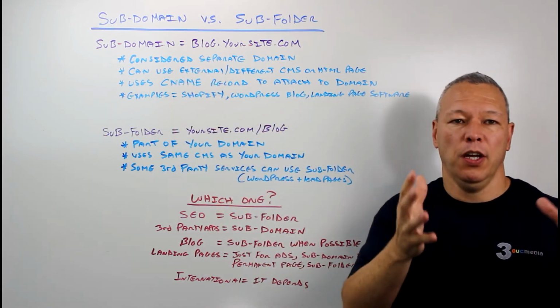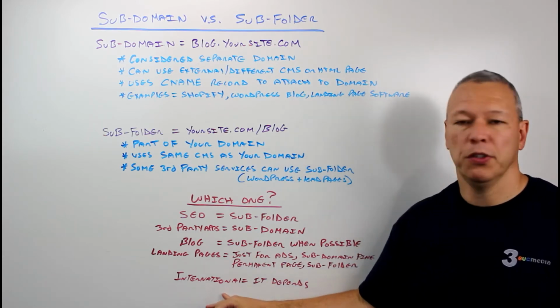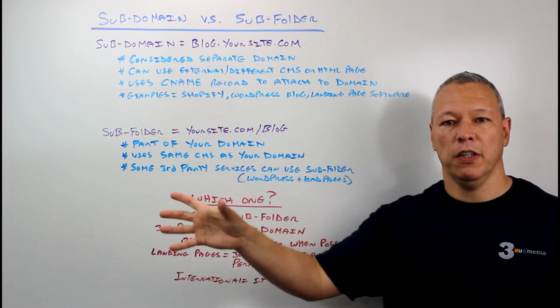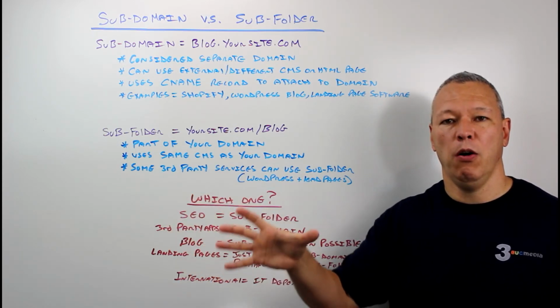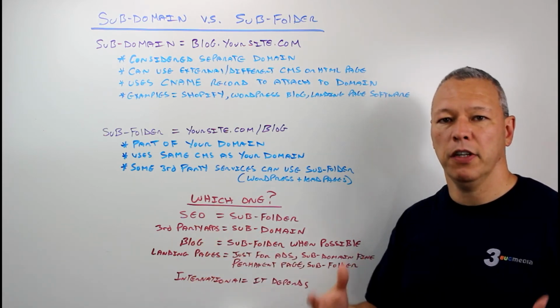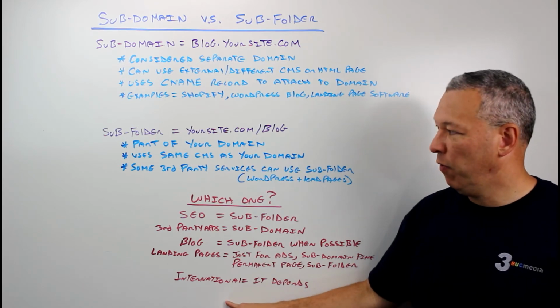If it's really just one or two pages in French, then you can probably do a subfolder, but it really depends on how substantially different all of these different countries that you're targeting are and how many changes you need to make to your website to accommodate these different countries. And that will determine if you use a subdomain or a subfolder.